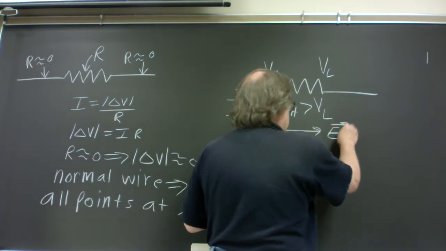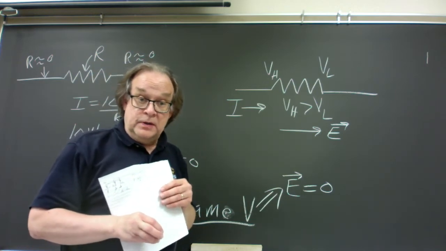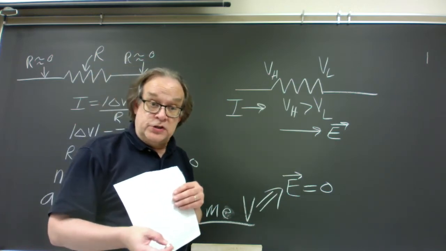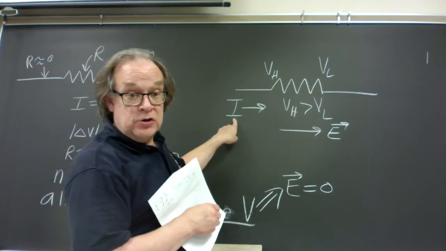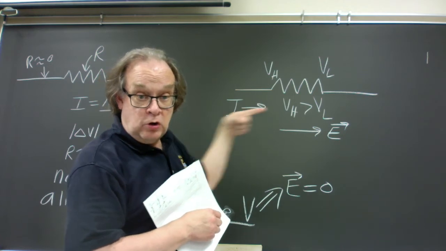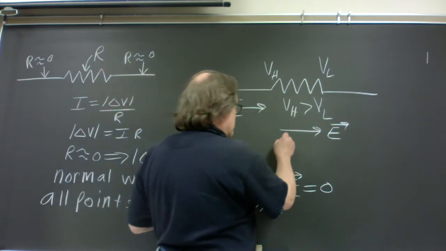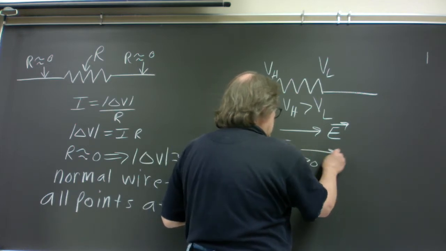So there's an electric field pointing that way, and the direction of electric field is the direction of the force that a positive charge would feel. So the positive charges that we're imagining make up this conventional current all feel a force that way. Force on a positive charge is that way.